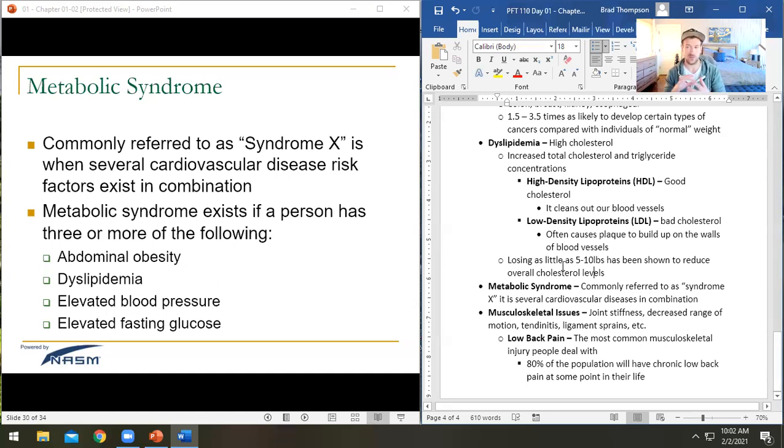We start to see all of them sort of having these odd interactions here. So it is cardiovascular disease in combination, high cholesterol and hypertension, right? It is highly associated, like I said, with abdominal obesity in particular. So again, waist-hip ratios being important here, high cholesterol, blood pressure, and elevated glucose levels.